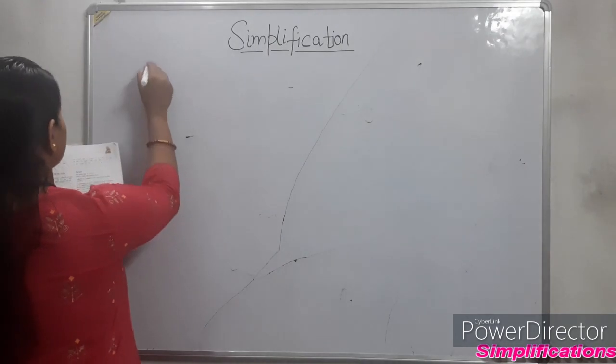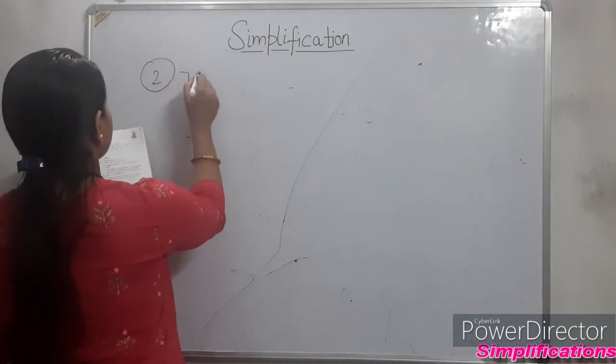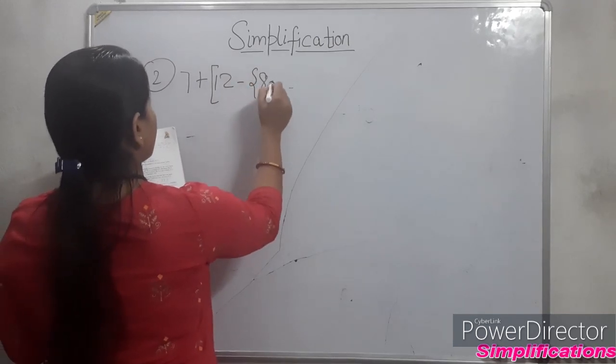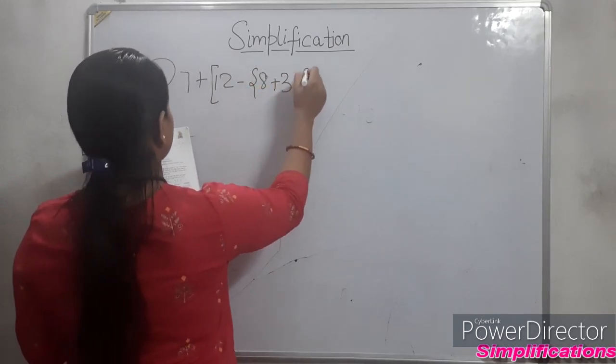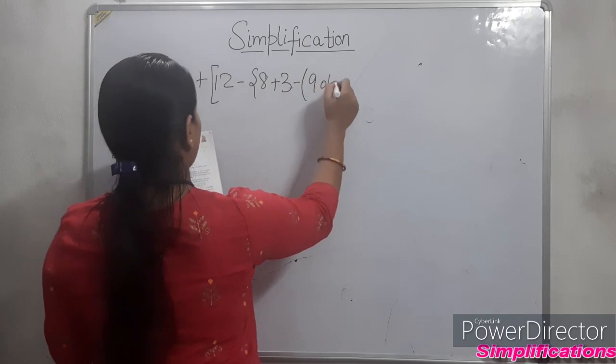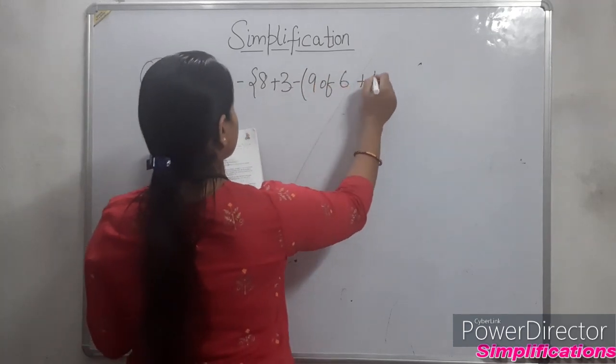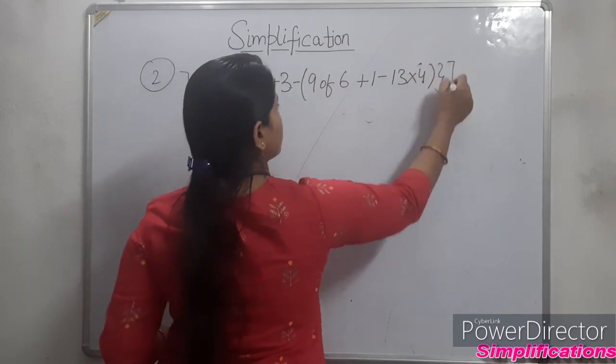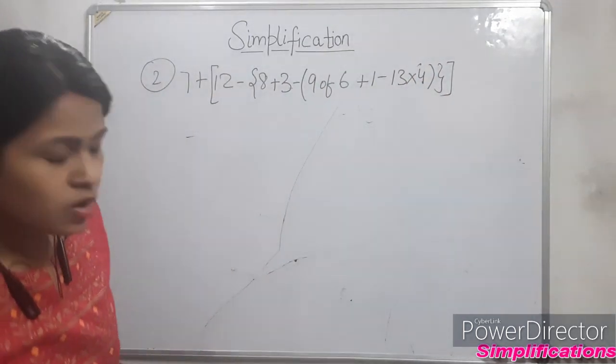That is question number 2. 7 plus 12 minus 8 plus 3 minus bracket 9 of 6 plus 1 minus 13 into 4, and there are 3 brackets, all brackets closed.